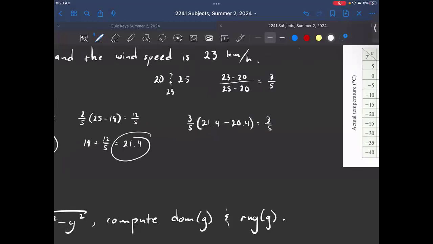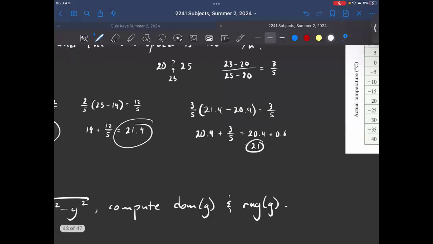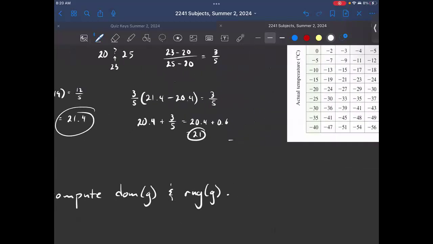Okay, so our wind chill estimate should be 20.4 plus 3/5. All right, well, 3/5 is 0.6. So our estimate should be exactly 21. And so remember, this is minus 21 degrees Celsius.